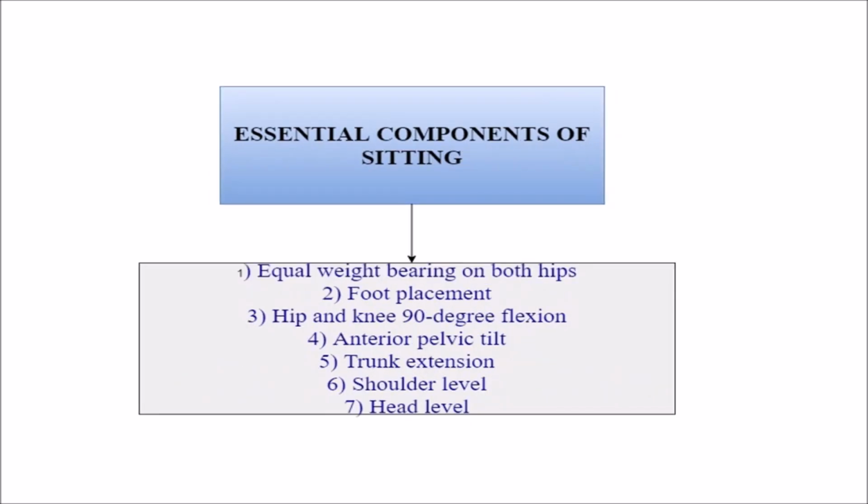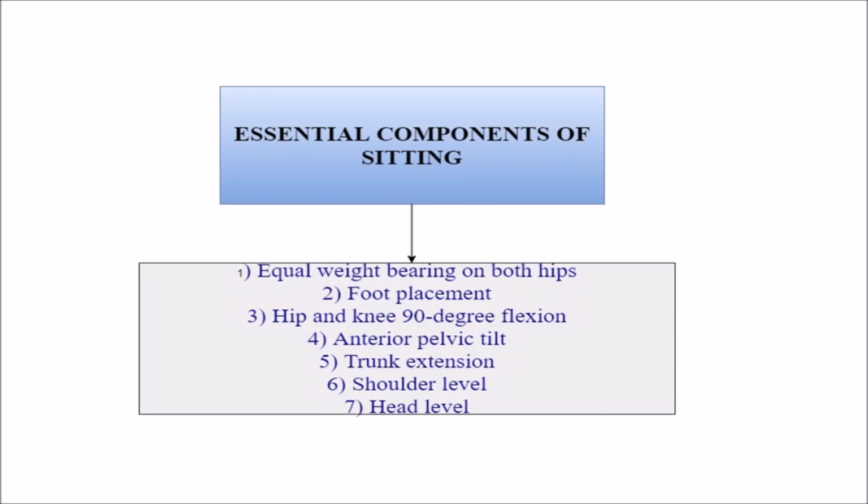Next are the essential components of sitting. Now the patient is in the sitting position. So how will the patient maintain that sitting position? There are different steps. First, bring the patient towards the edge of the table through the gluteal walk. Next, keep both feet 6 inches apart and keep a stool below.